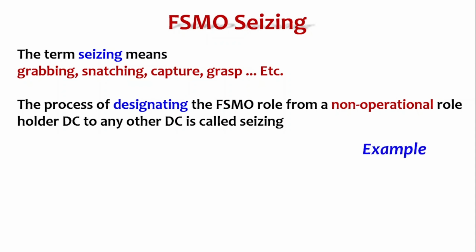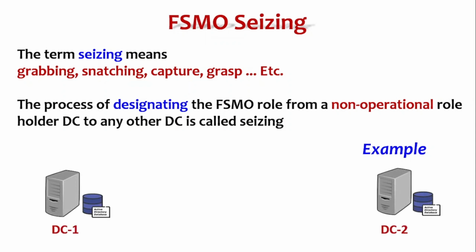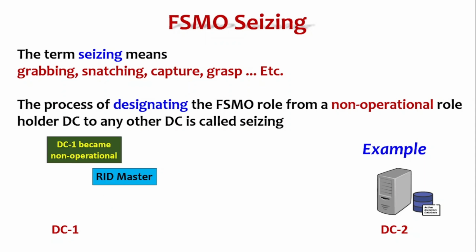Let's take an example to understand FSMO seizing in a better way. Let's say we have two domain controllers, DC1 and DC2, and DC1 is our RID master. For some reason DC1 went down and it's non-operational, say the hard drive goes bad, or there's some corruption in the operating system, or the motherboard fails.